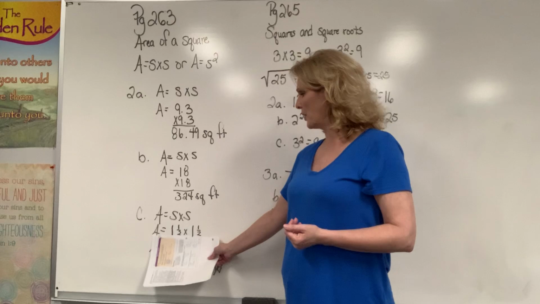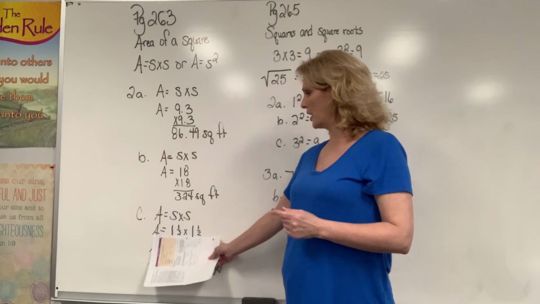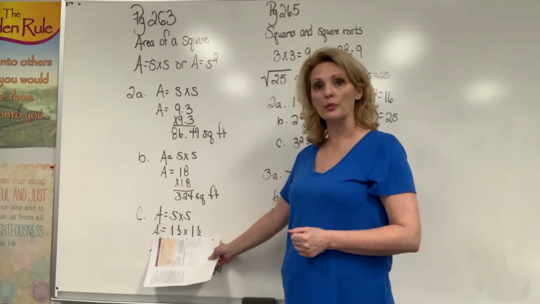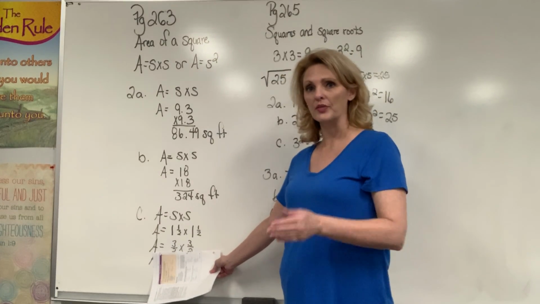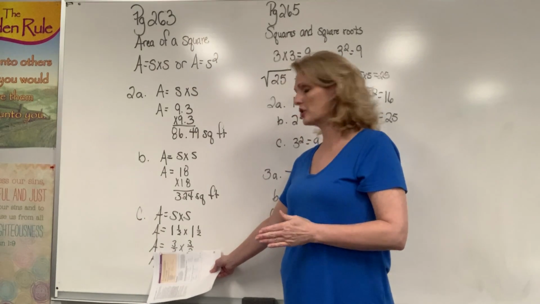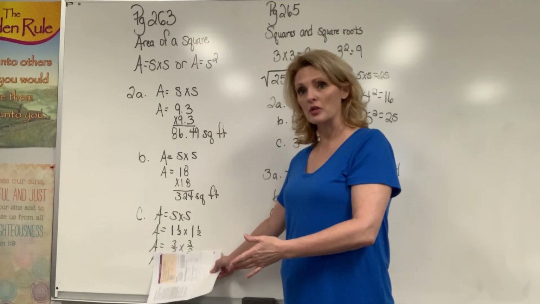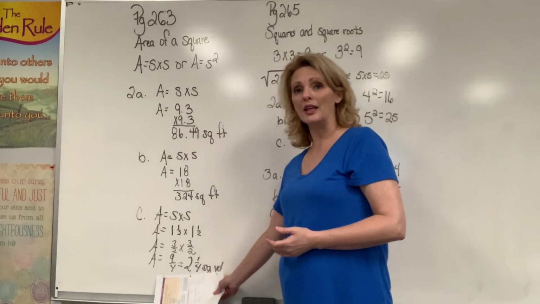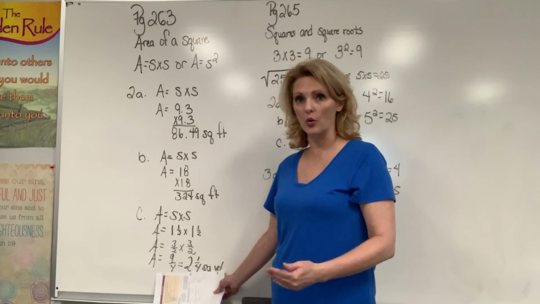So 1 times 2, plus 1, that should be 3 over 2. So you say 3 over 2 times 3 over 2. Can't cancel anything out within the problem, so we just multiply across. 3 times 3 is 9, 2 times 2 is 4, so it'll be 9 over 4.